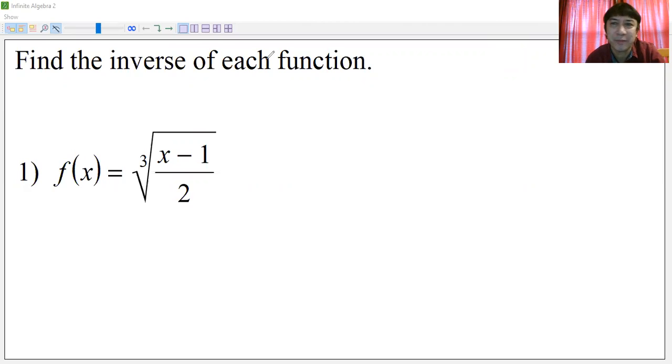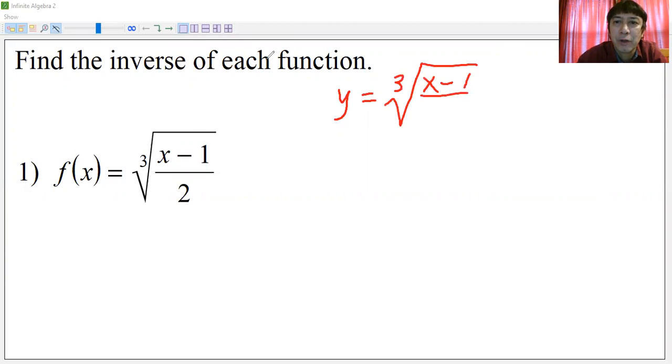Okay, here's number one. So the f of x, you shall write that using the letter y. So here is y, and then you have cube root of (x minus 1) over 2. The first step in finding the inverse of a given function is to interchange the letters, or swap the letters.